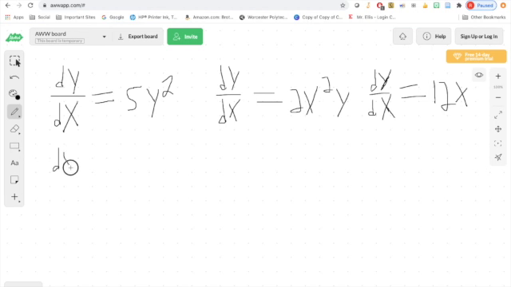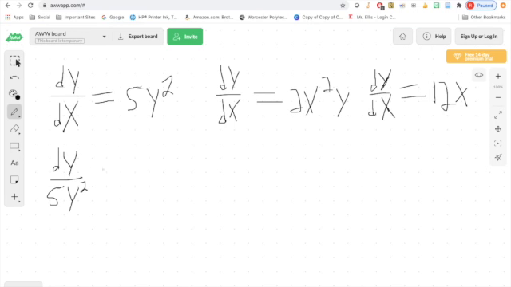Usually you don't have to write out multiple steps for this, so it's not particularly difficult to just bring over the 5y squared. And obviously that's going to be divided by, because here we're dividing by 5y squared. And we're going to quote-unquote multiply. Notice that this is not actually multiplying and dividing. It's a different operation altogether, but it behaves the same way. So just to make everyone understand, I'm going to use those terms.